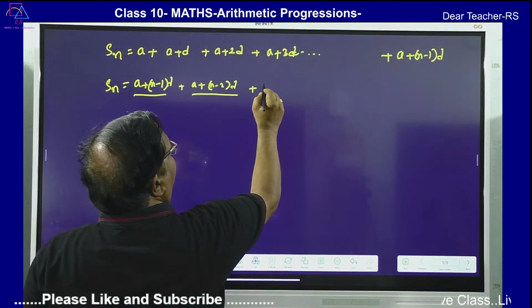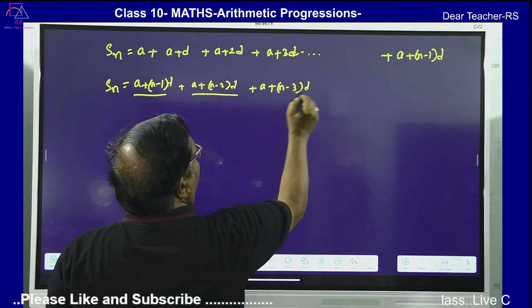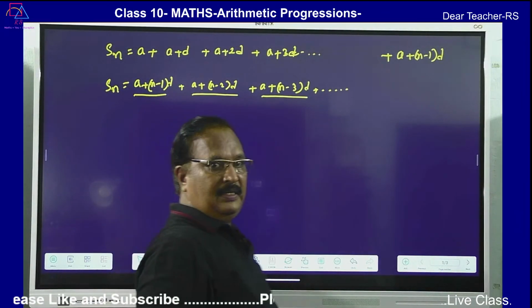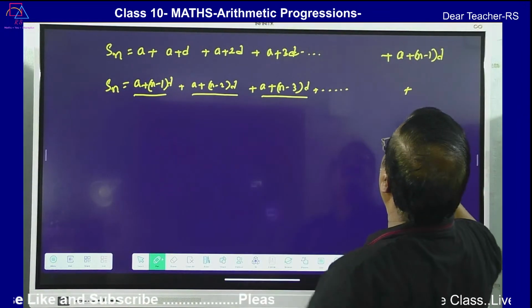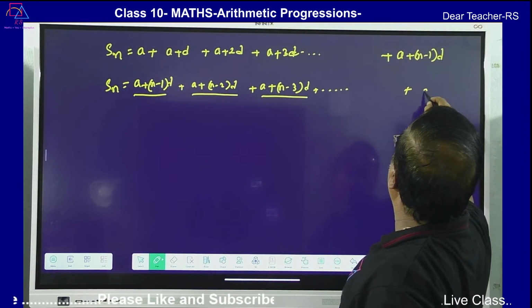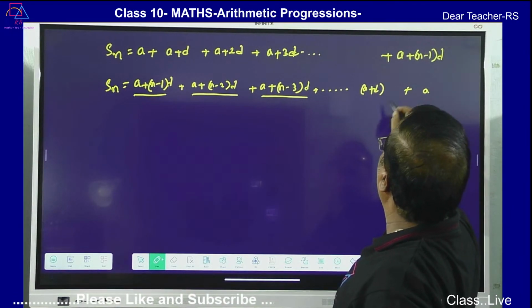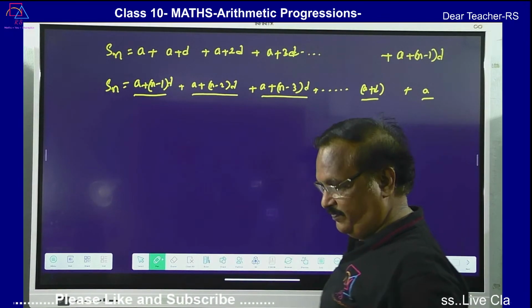And I will write the third term also, a plus n minus 3 into d. This is the third term and so on. At the last I have to write a. If you want I can write a plus d also. So this is the last term and this is the last but one term.